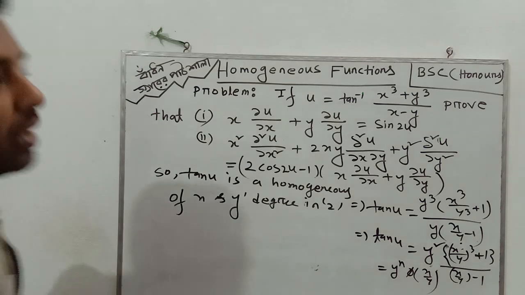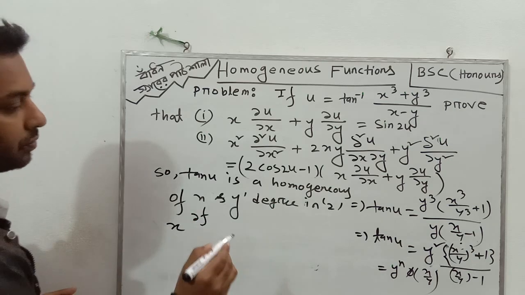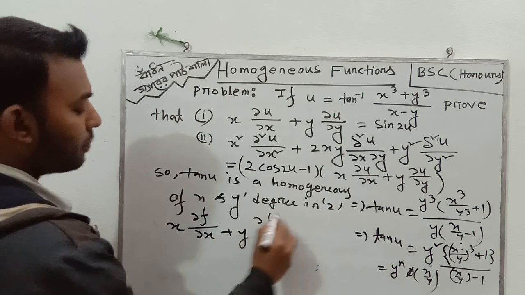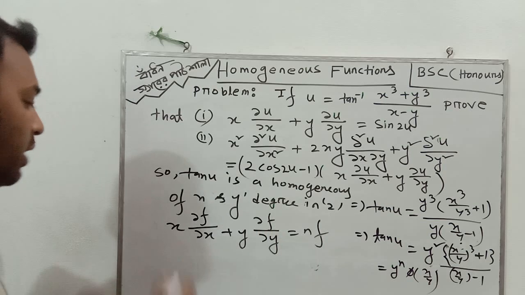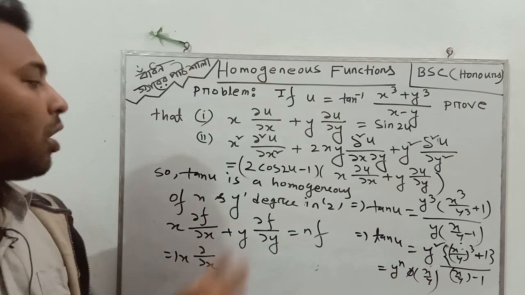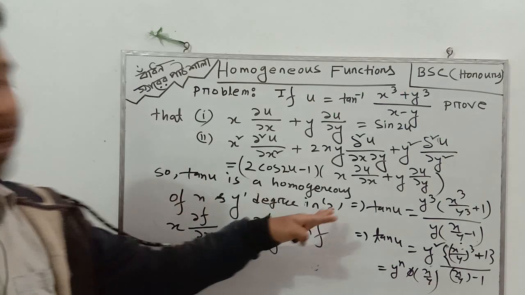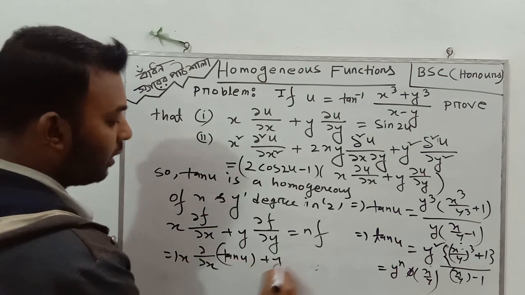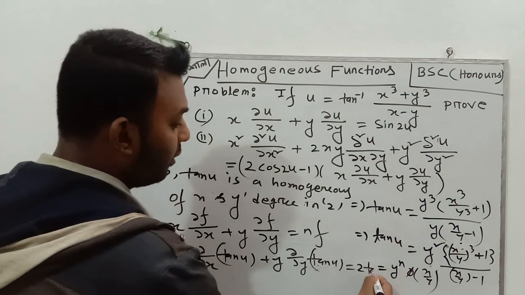So according to Euler's formula, we can write x del f del x plus y del f del y is equal to n f. Here f is a function of x, y, and tan u is a function of x and y of degree 2. So we can write x del tan u del x plus y del tan u del y is equal to 2 tan u.